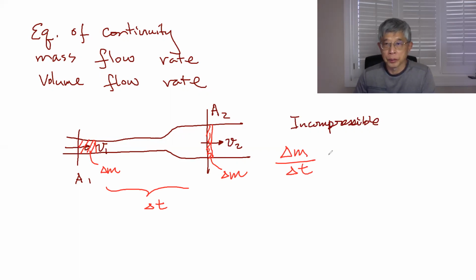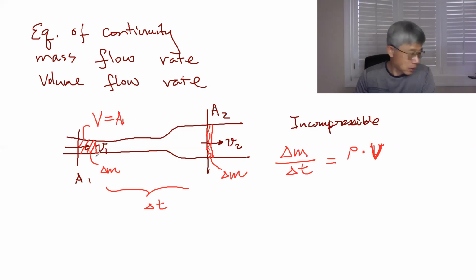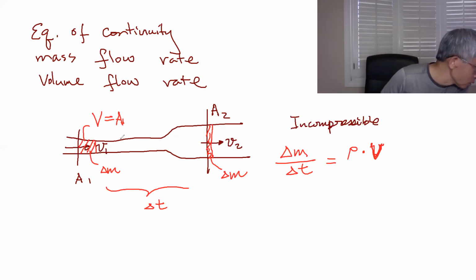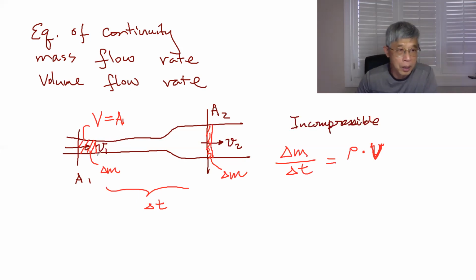So delta M, what is that? Delta M is rho, right, times V, and this V here is volume, right? So the volume here, I'm going to call that V, is equal to A1, and we're going to give a distance here, and the distance I'm just going to call that L1, okay?